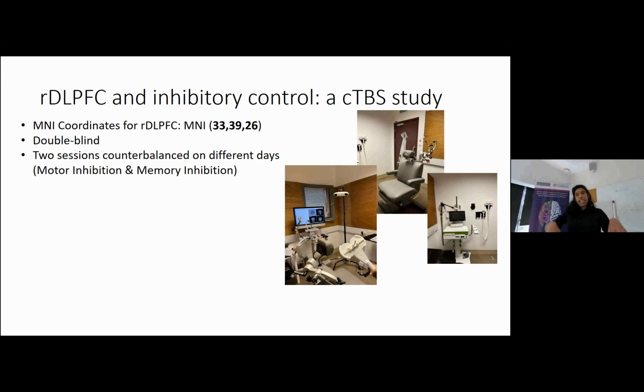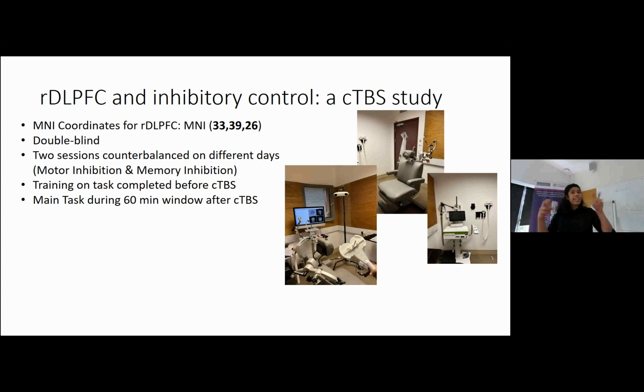In each session, participants either did a motor inhibition task, which was a stop signal task, or a memory inhibition task, which was a think, no-think task. In each of the 2 days, the training on the task was completed before cTBS was administered. And then the main task that we later looked at, people did in the 60-minute time window after they were administered cTBS.